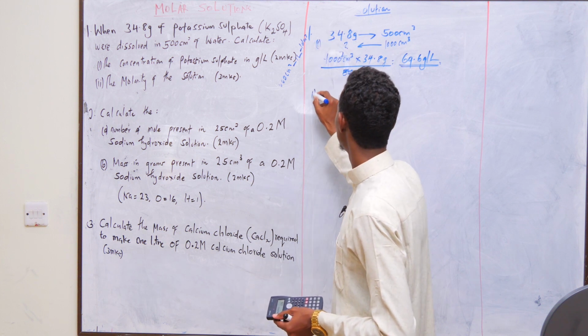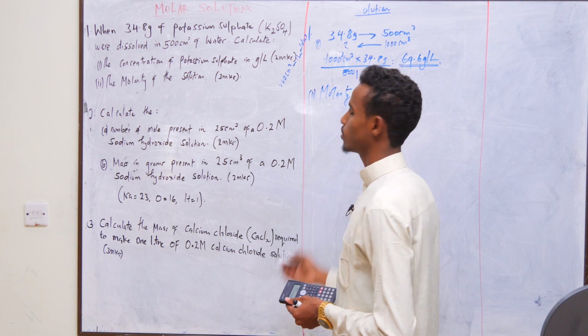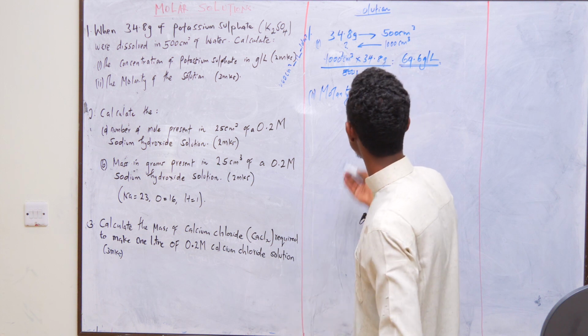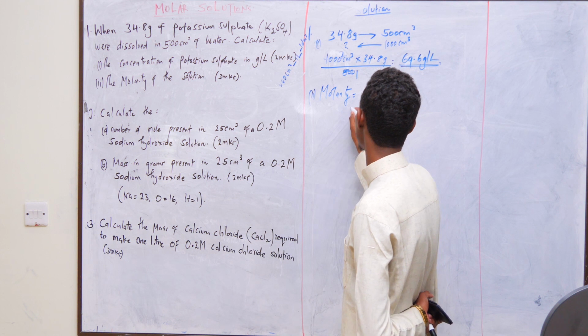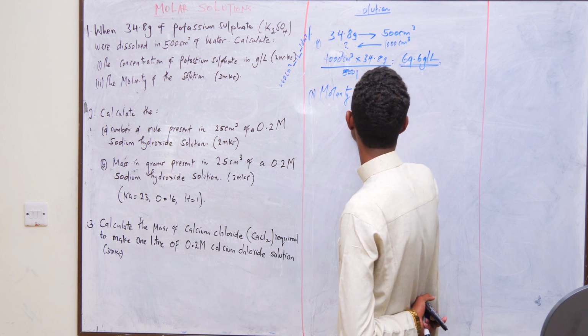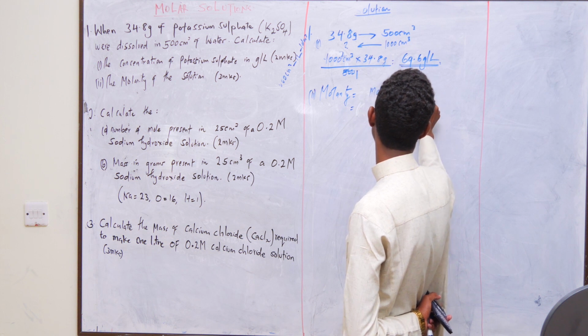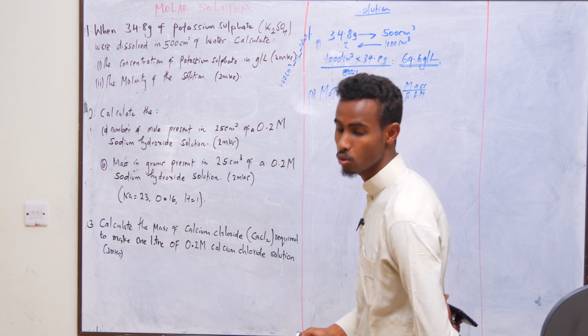Now part 2, molarity. Molarity, class, how can we get molarity? We first need to get moles. How can we get moles? Moles is gotten as mass over RAM or RFM.